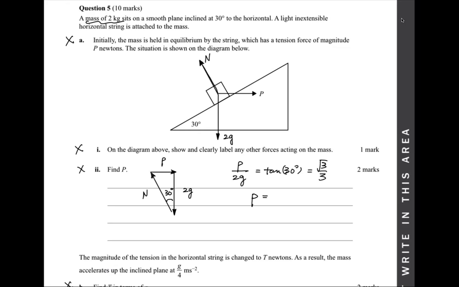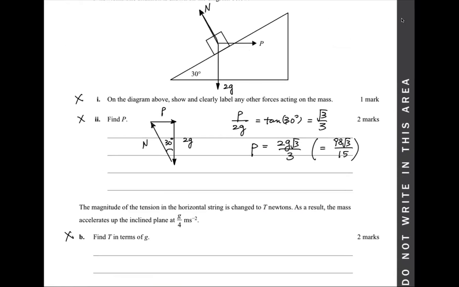So P equals 2g root 3 over 3. And if you want to substitute g equals 9.8, that's fine. That should evaluate to 98 root 3 over 15, if I'm not mistaken, because g equals 9.8. That is also equal to 49 over 5, okay? In newtons.